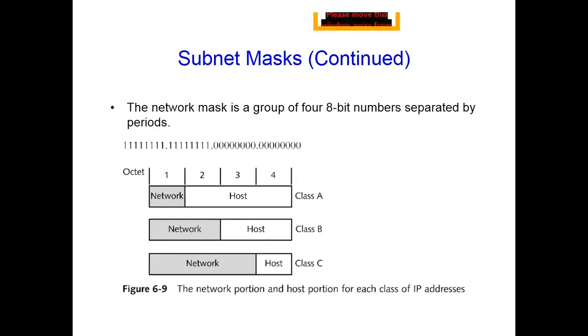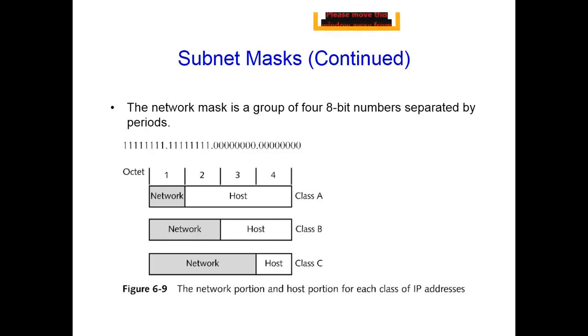Okay, yan yung example ng subnet mask or network mask. Octet, yan, 1, 2, 3, 4. We have 4 octets. Isang network at 3 host. So yan yung class A network. Okay, yung classification ng network natin, ng IP address.